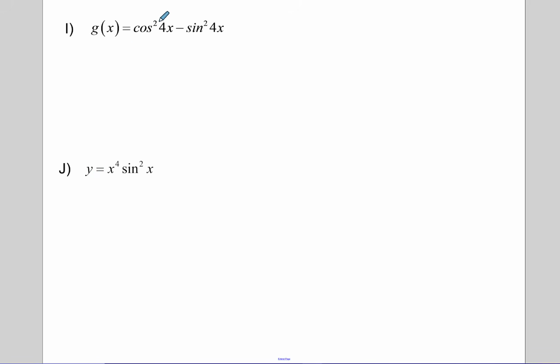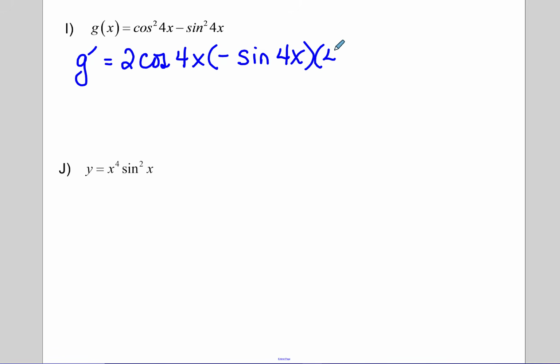Here, g of x, do you see the 2, the squared, is the outside term in both cases, and this is a difference, so we've got to be careful to do both pieces of our derivative. So we've got 2 cosine 4x. Derivative of cosine is negative sine. Don't lose the 4x. Now take the derivative of 4x.